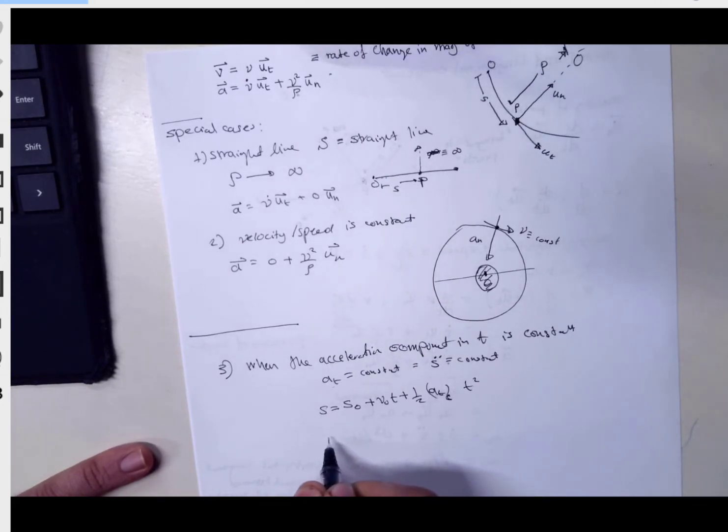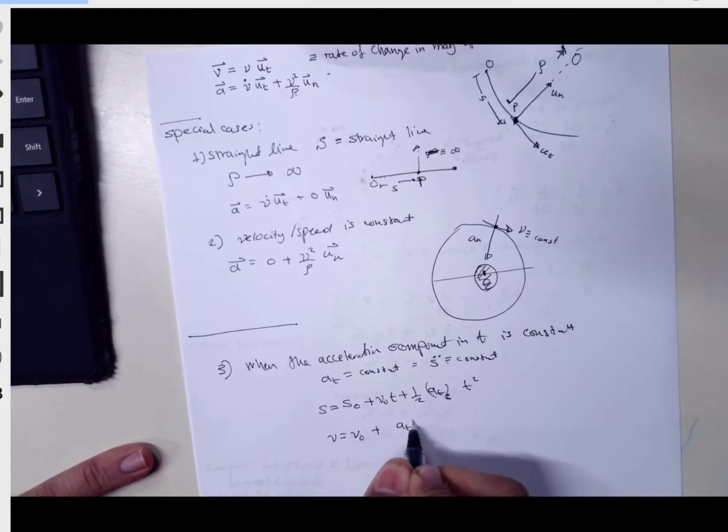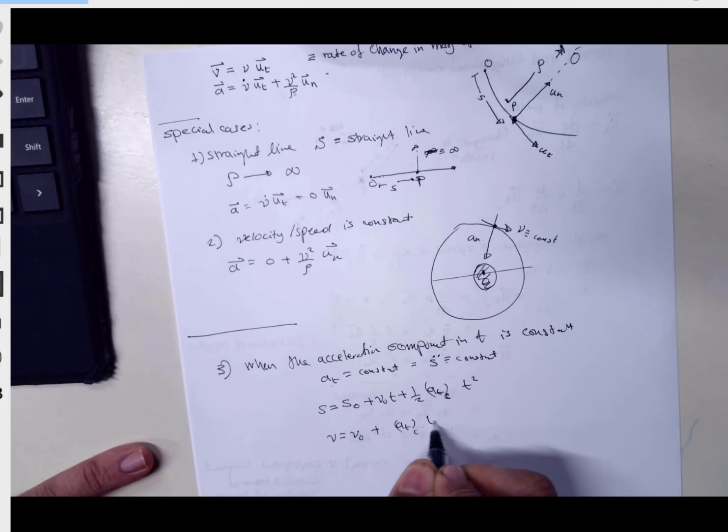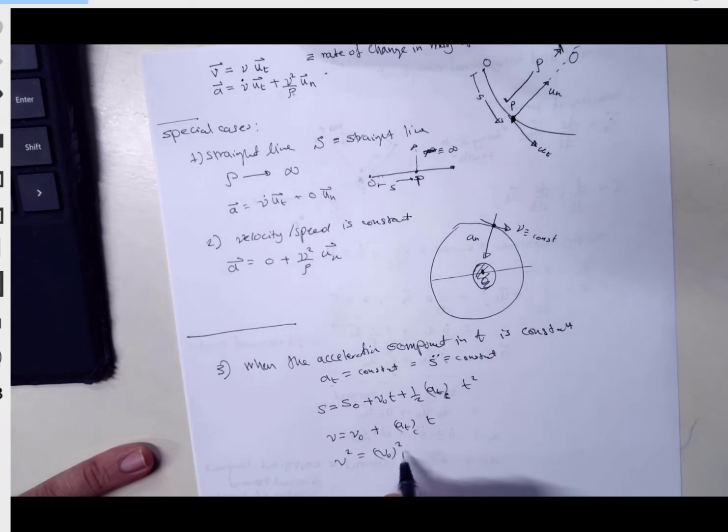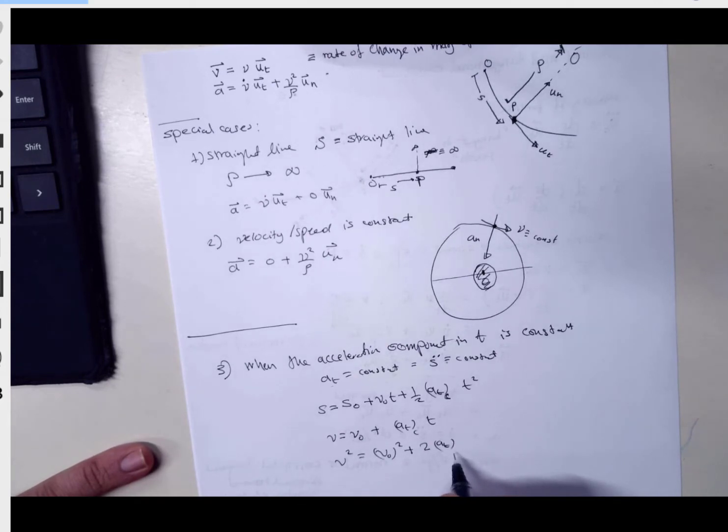You can also apply the second one, v equals v naught plus a_t, a constant value, multiplied by t, and also you can combine these two equations to arrive at one without any time that involves only the acceleration, velocity, and distance.